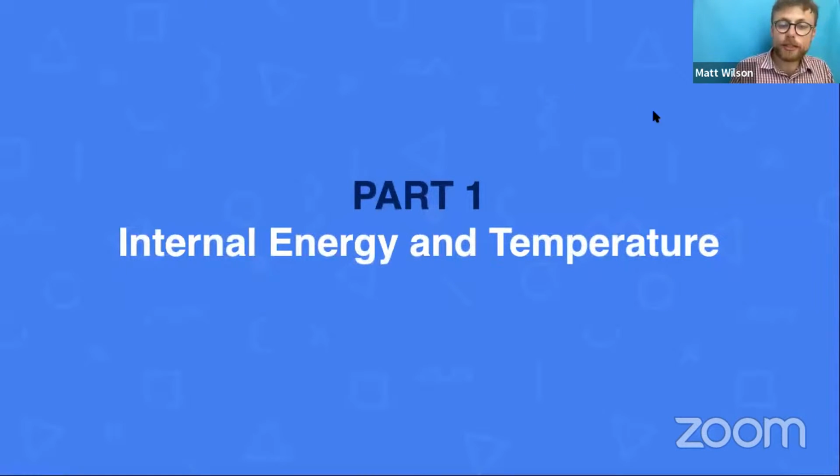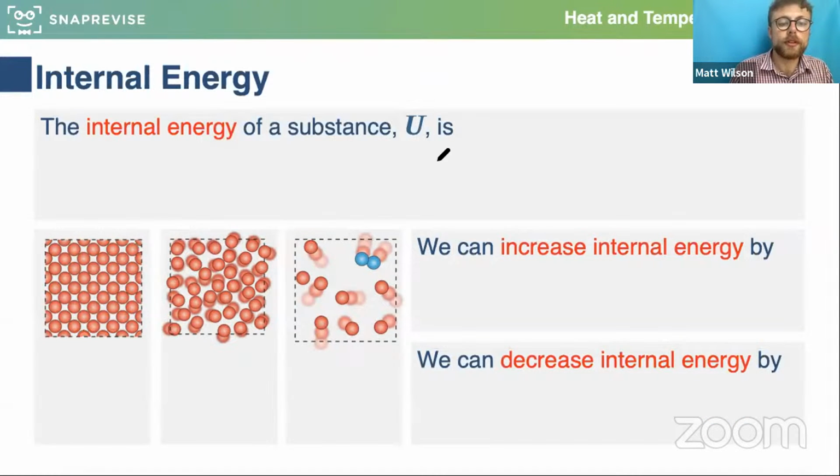We're going to start by talking about internal energy and temperature. Let's start by defining the internal energy of a substance. The internal energy of a substance, U, is the sum of the randomly distributed kinetic and potential energies of the particles in our substance.